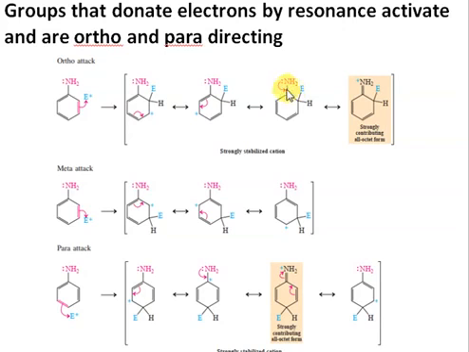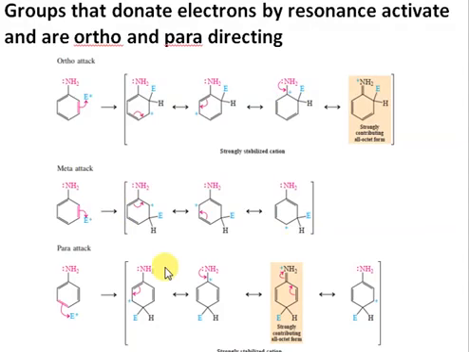This positive charge is being stabilized by resonance, by electron donation of this nitrogen group. So this is a stable carbocation. While in case of meta attack, no such stabilization is possible.